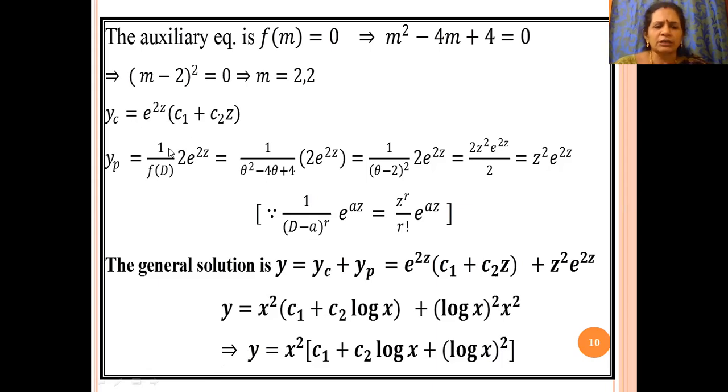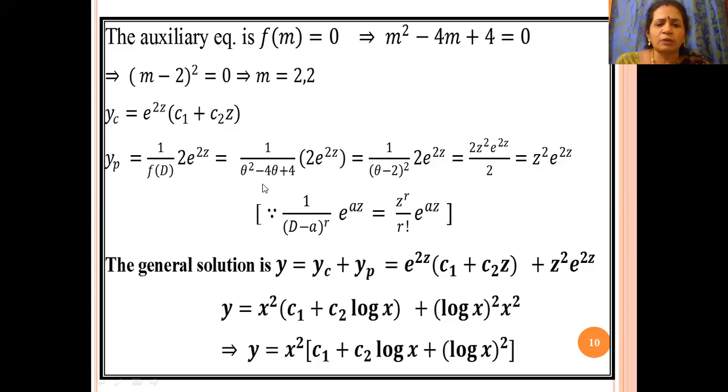Right? So clearly, different patterns are there in each problem, and the f of D value will differ. In the first one, we directly substituted the value because the denominator was not equal to 0.